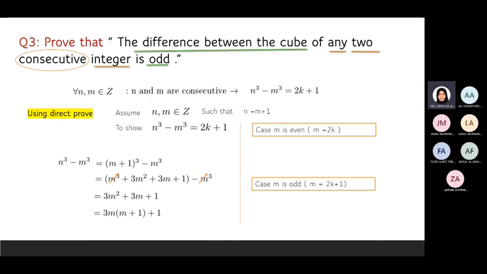You cannot continue. Now, if I stop here, how can I show that this is a 2k? I am stuck in the middle. So I will think about dividing the domain Z in two categories, even and odd. هل لازم دائما even odd؟ لا. We will see another problem that will divide the group in some different categories.